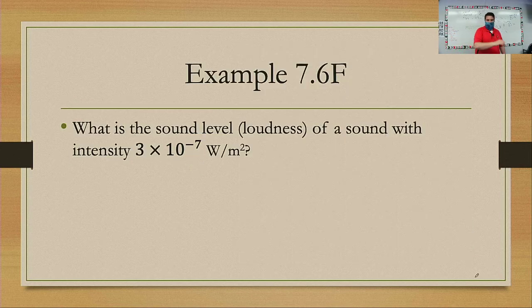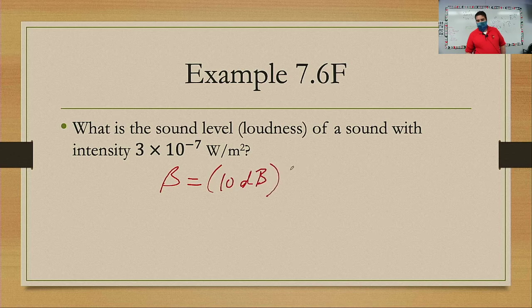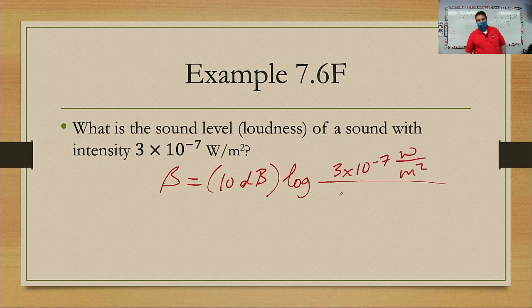So example F. What is the sound level, or loudness, of a sound with intensity 3 times 10 to the negative 7th watts per meter squared? Well, our sound level will equal 10 decibels times the log of 3 times 10 to the negative 7th watts per meter squared over 10 to the negative 12th watts per meter squared.